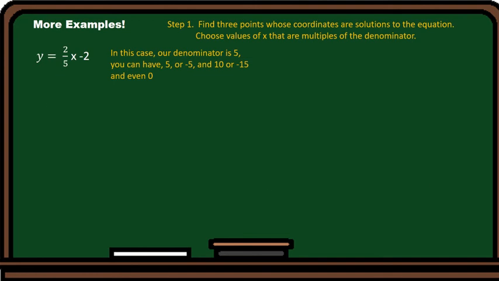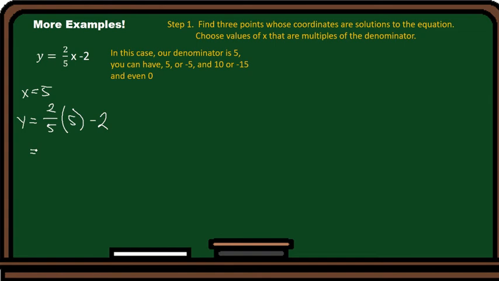If you give 5 as the first value of x, we have x equals 5. Again, you will substitute the values of your x in this equation. So y equals 2 over 5, your x now becomes 5, minus 2.